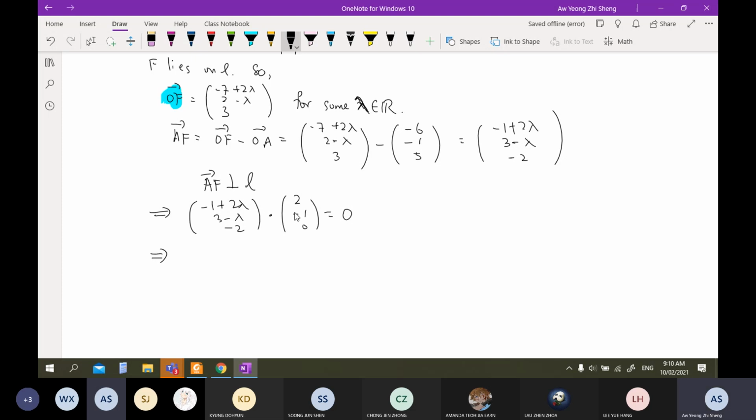Let's compute this dot product. Minus 3 plus lambda and plus 0 equals 0.